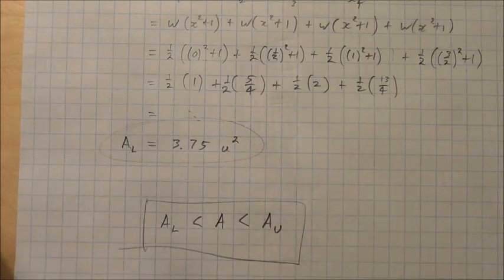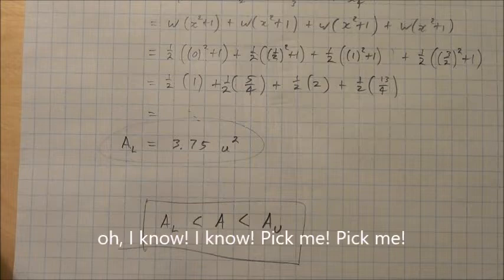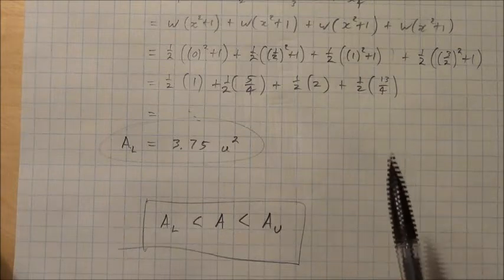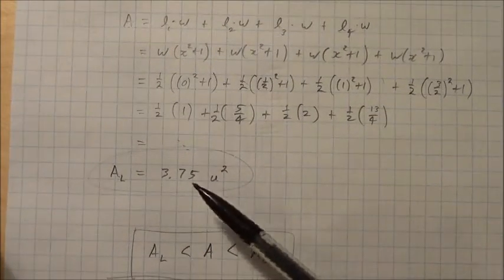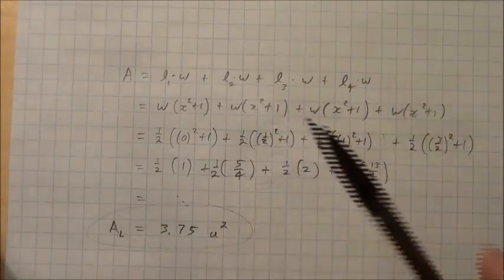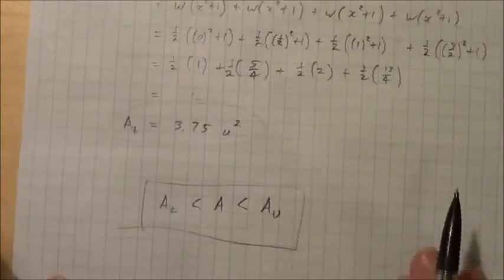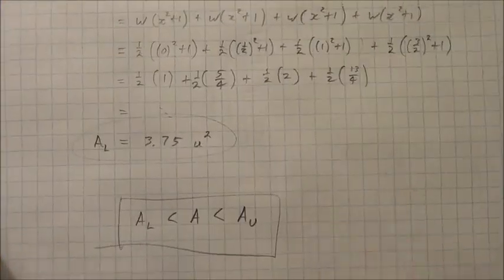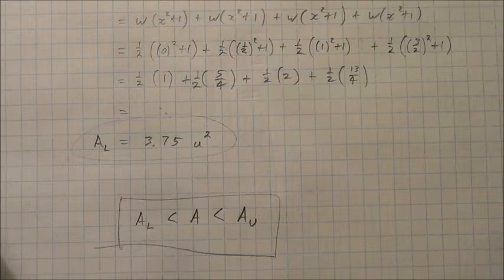Now, what could we do to make this a little bit more accurate? Because there's a difference of 2 units squared between those two estimates. What might we be able to do in order to make the estimate much closer to the actual area under the curve?